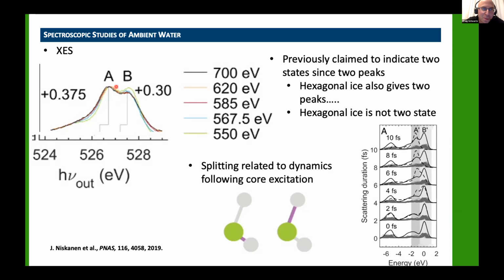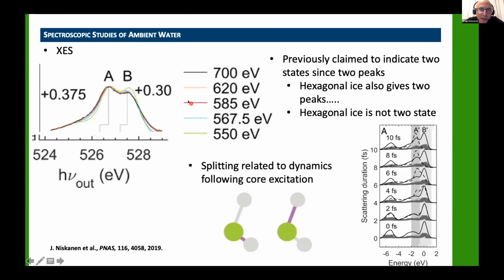And they also saw these 2 bumps, but it was unexplained why this was. They did a nice job of going through and explaining that this is almost certainly due to those excited state dynamics. So you start with an oxygen and a hydrogen, but after you excite that oxygen atom, you can get motion on the timescale of a couple femtoseconds, and in those couple femtoseconds, you can get dynamics, and those dynamics can lead to the second peak, is their argument. And I think this is sort of well sourced.